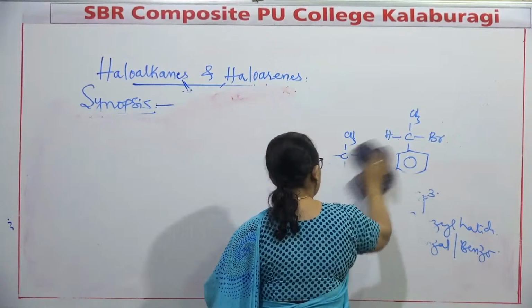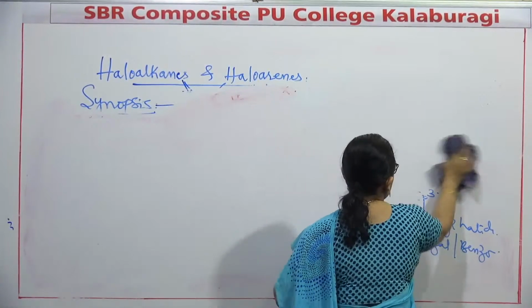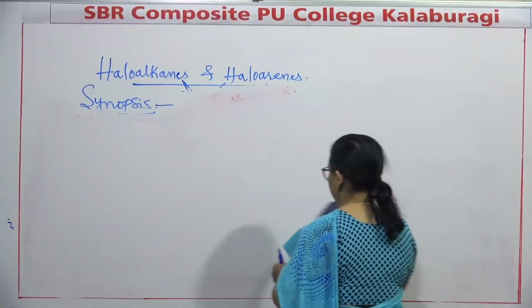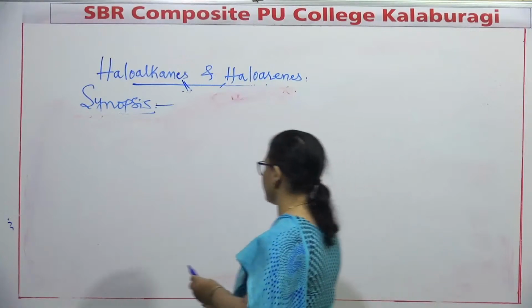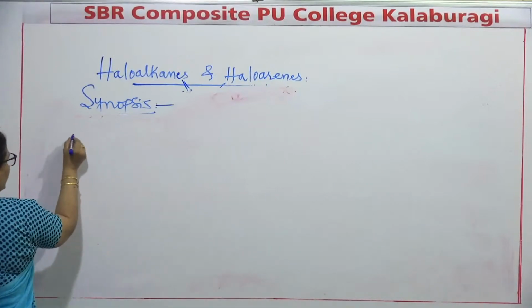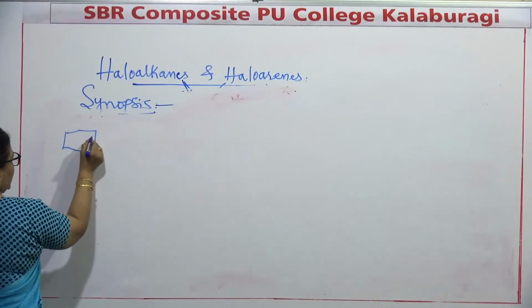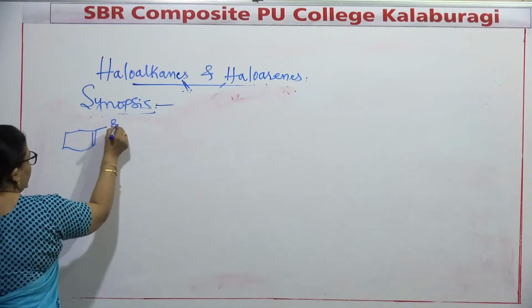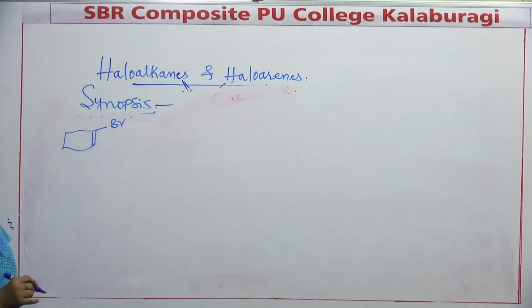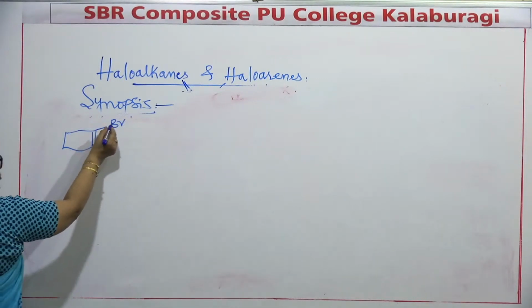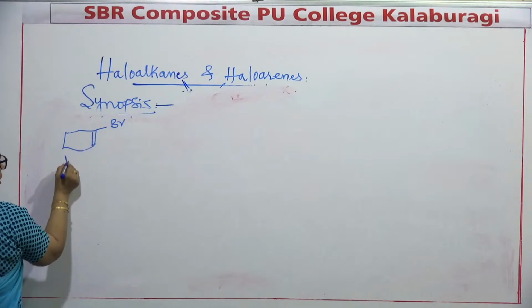We'll write the example, then we will identify. Not only open chain, if I take closed chain, this is a double bond and this contains Br. We can call it what, children? This is a vinyl halide.